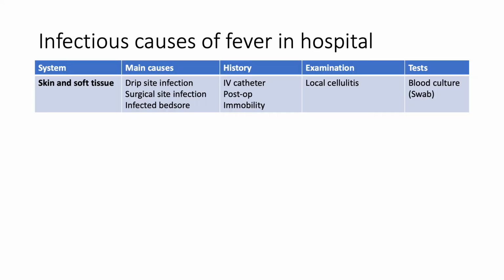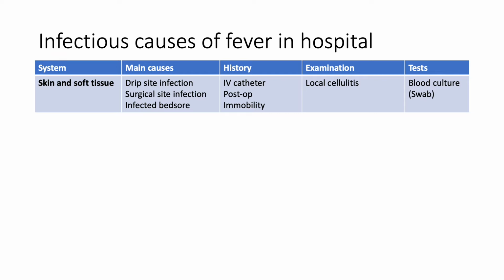The first system to consider is skin and soft tissue. The main causes under here are, by far the most common, drip site infection, followed by surgical site infection, and then infected bed sores.